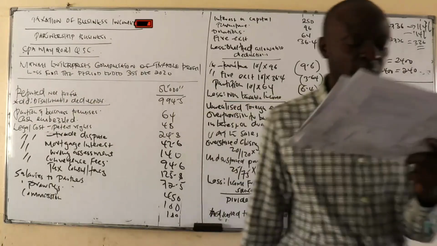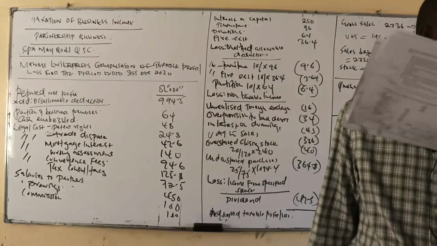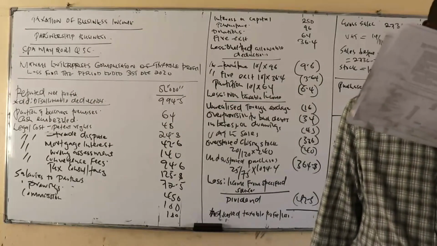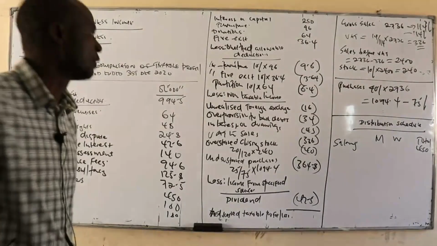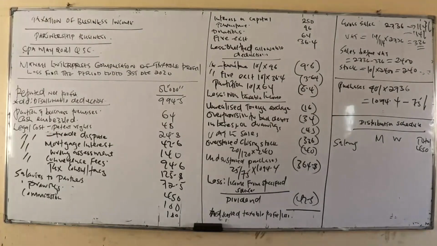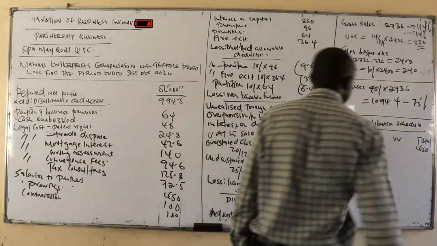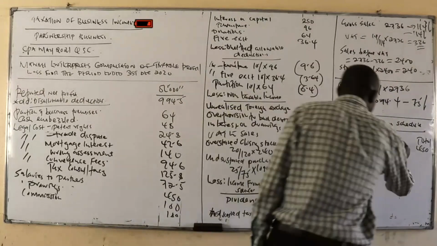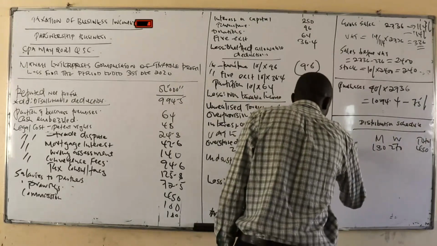If they have not given you the proportion of division, you divide according to their profit sharing. So you give Mark 2 out of 5 times 450. That is 180. So you give them 180, and the other one 270.